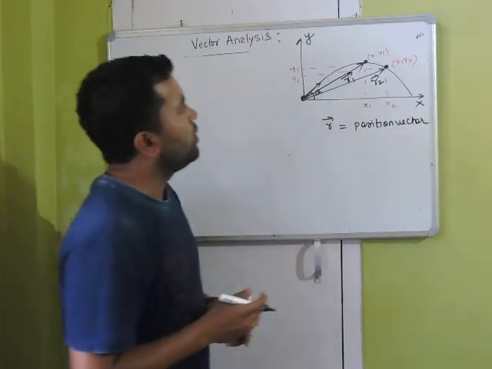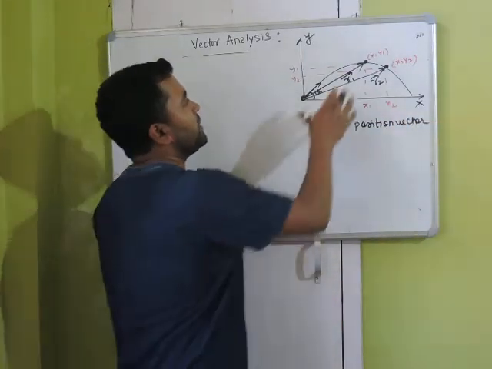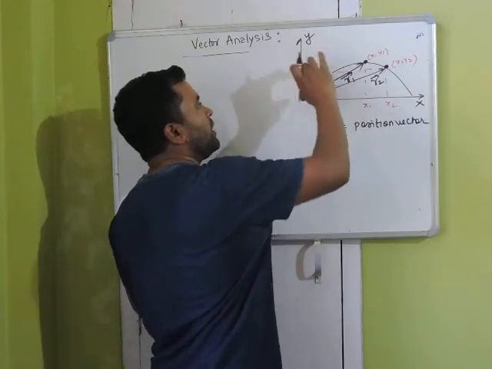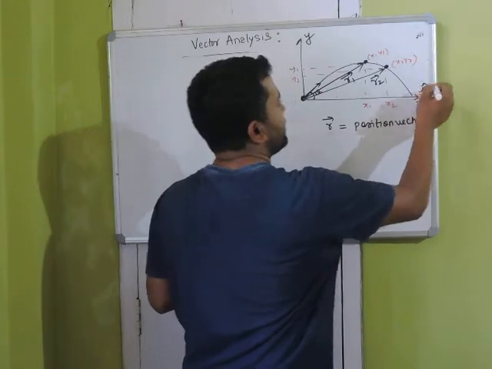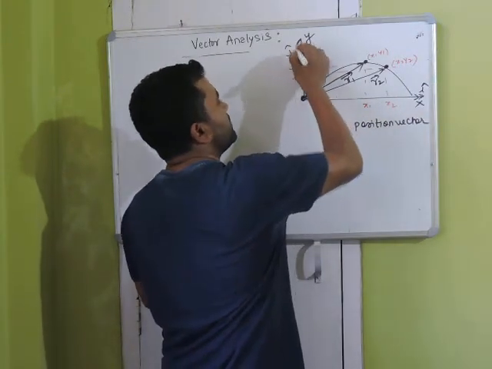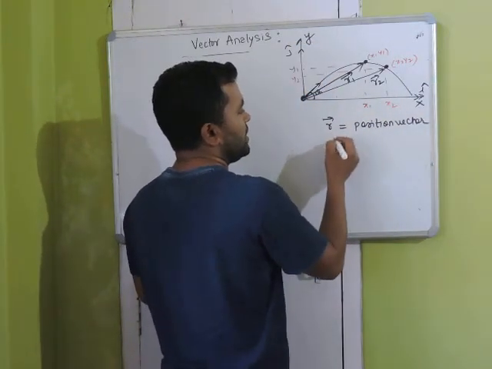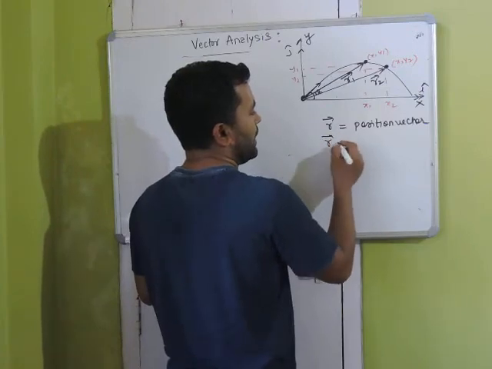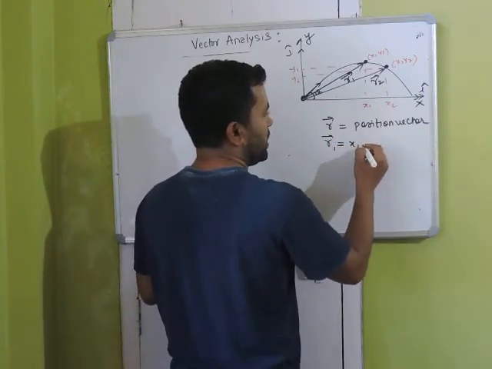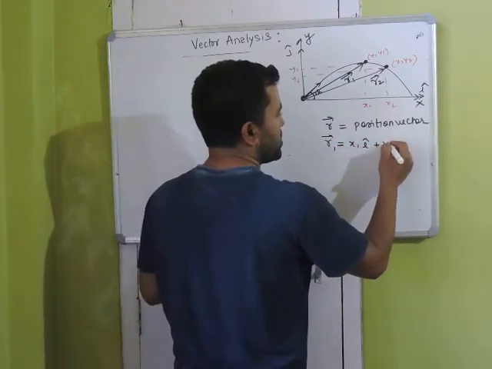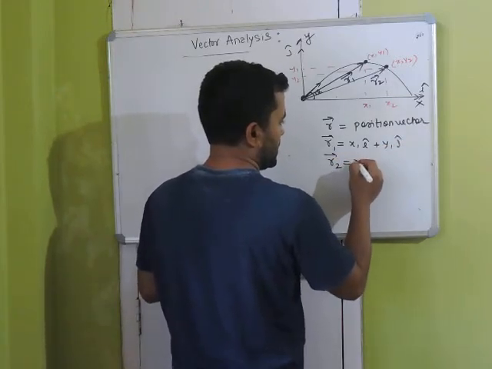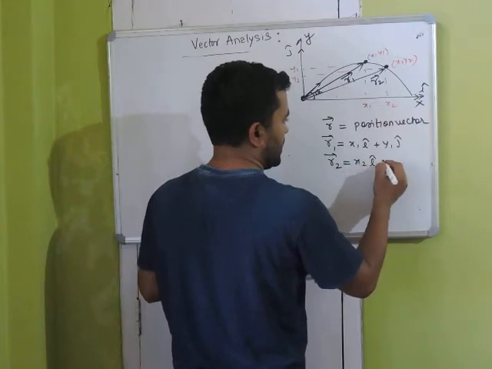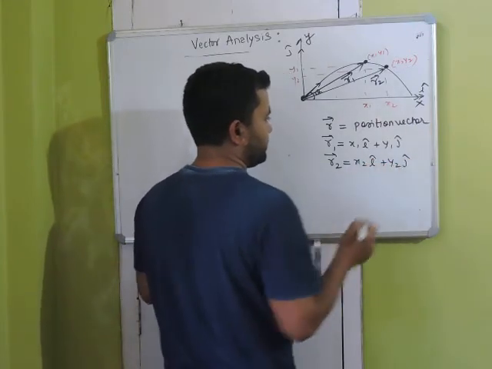Right? Now you all can see this r1 has this much x component and this much y component, and if I introduce i cap and j cap, you all can see r1 can be written as x1 i cap plus y1 j cap. r2 can be written as x2 i cap plus y2 j cap.